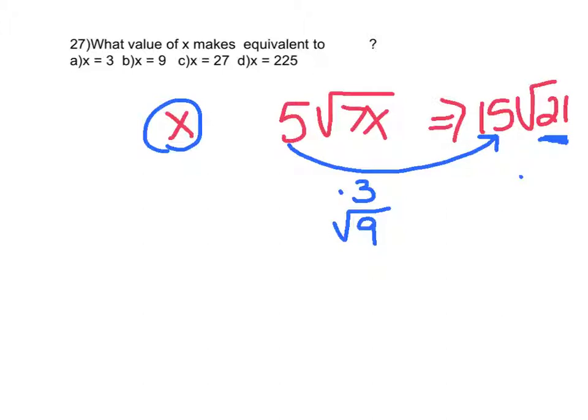Okay, on number 27, you have to take a look at the 2 problems that you have here. You have 5 square root of 7x, and we need to get it to be 5 square root of 21. So what do we need to substitute in for the x so that these two are equivalent? So the first blue line that I have drawn here shows that you need to get from 5 to 15. So that means you need to multiply by 3.